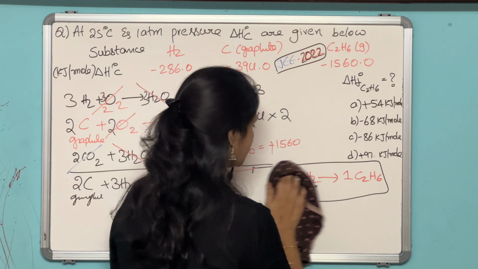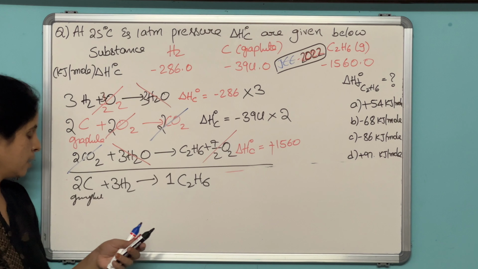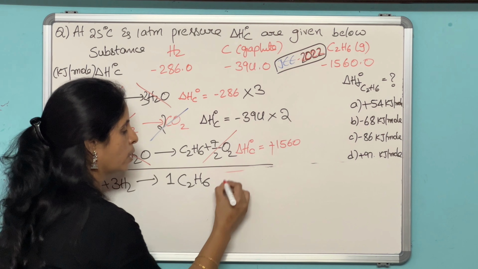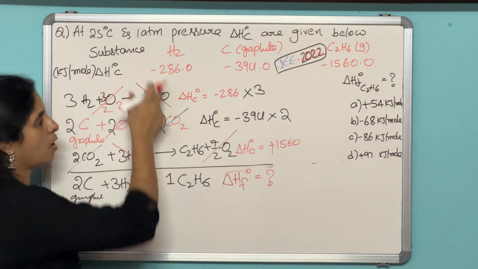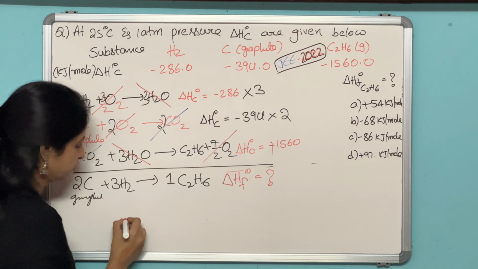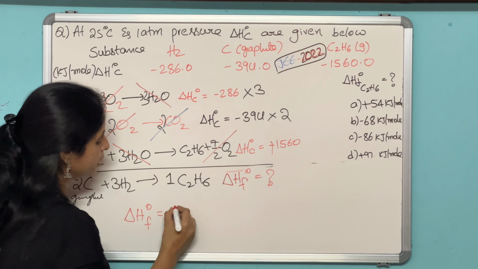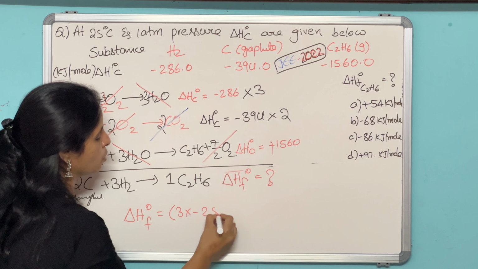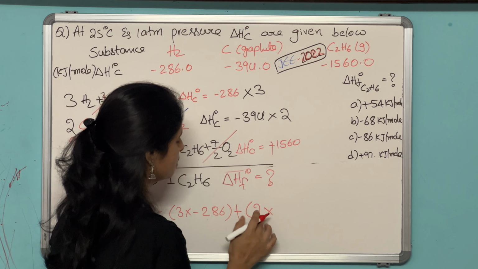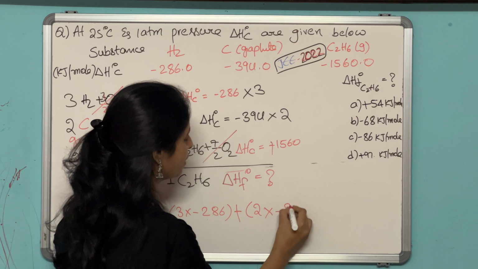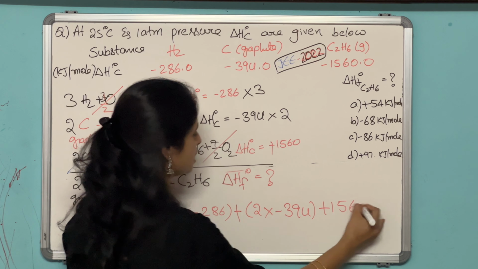Now we want to find out this value. Enthalpy of formation he is asking. How did you get this from all the above data? Here enthalpy of formation is equal to 3 into minus 286 plus 2 into minus 394 plus 1560 kilojoules per mole.